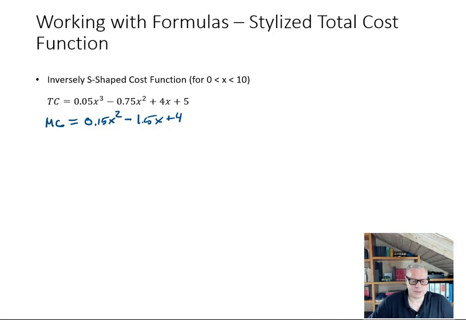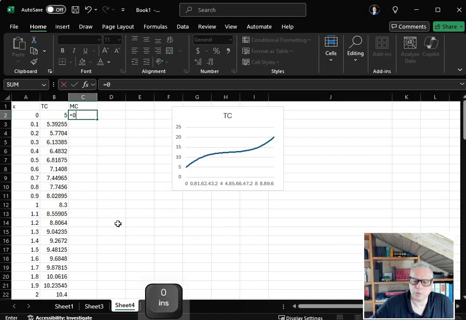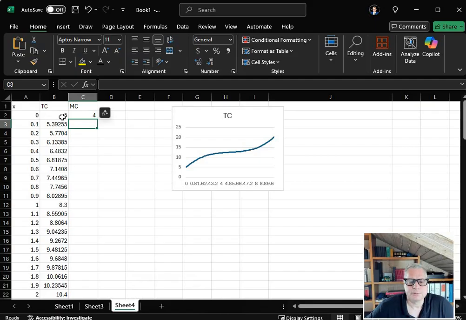So let's put that in here. So I said this is equal to 0.15 times x squared, then was it plus 1.5 times x, plus, was it 4? Okay, this is 3 times, that is 0.15.